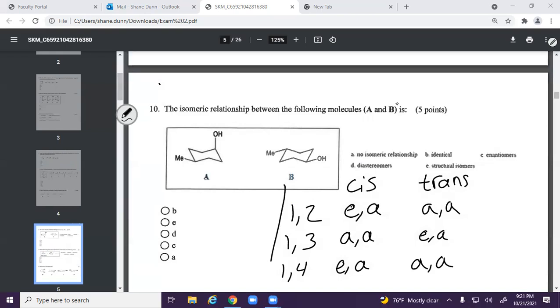Okay. You probably have a chart like this somewhere in your notes, correct? This chart is very important. With chair conformations, when things are on carbons 1 and 2, the cis conformation is when something's equatorial and axial. The trans is when they're the same.